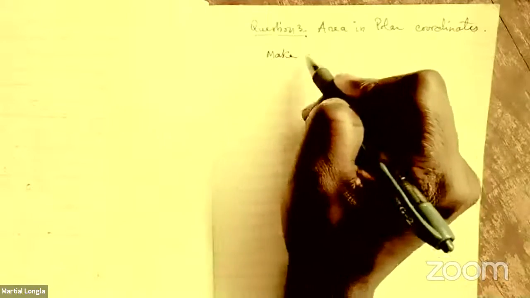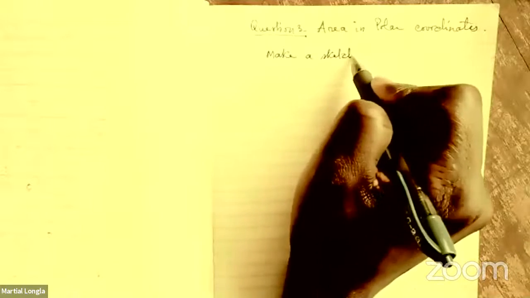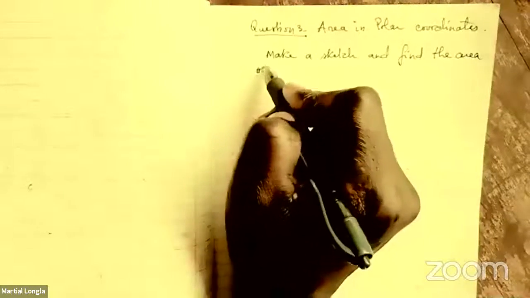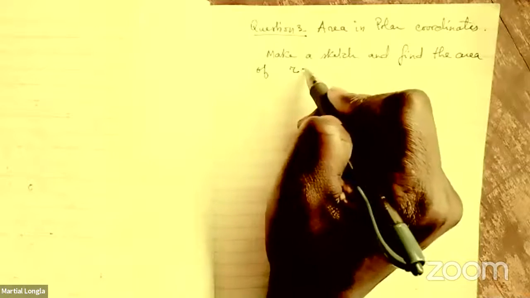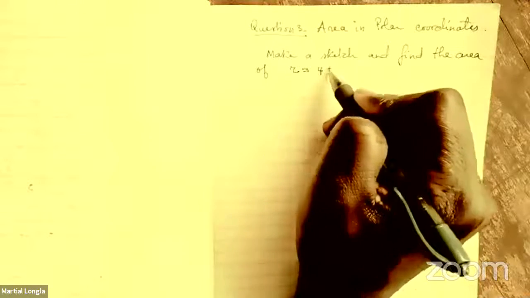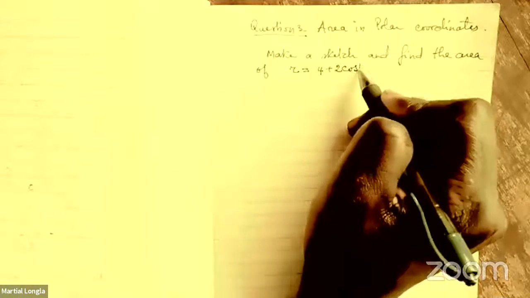And so the question is, make a sketch of the region and then find the area. All right. So here, make a sketch and find the area of r equals 4 plus 2 cosine of theta.